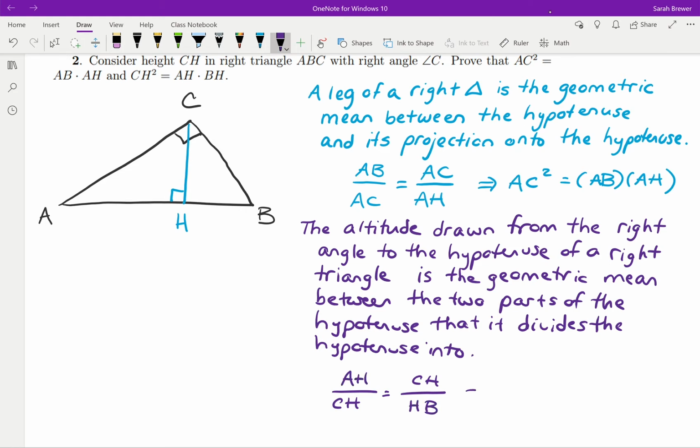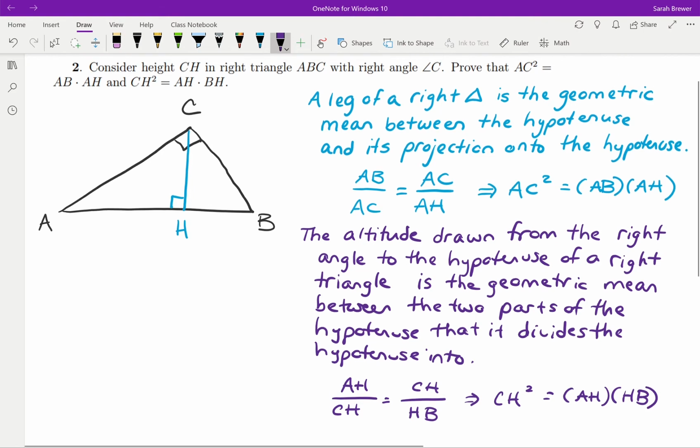And again, cross multiplication shows us that CH squared is equal to AH times HB.